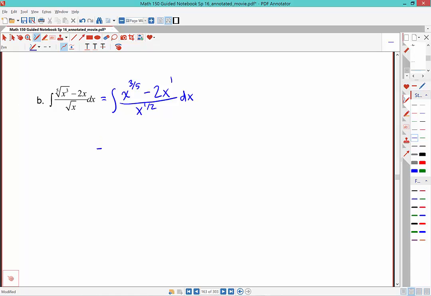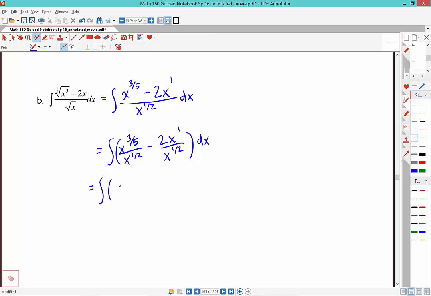So if we go ahead and divide each of those terms, let me do an extra step. We'll have the integral of x to the 3/5 divided by x to the 1/2 minus 2x to the 1 divided by x to the 1/2 with respect to x. So now when you divide same bases, what do you do with the exponents?